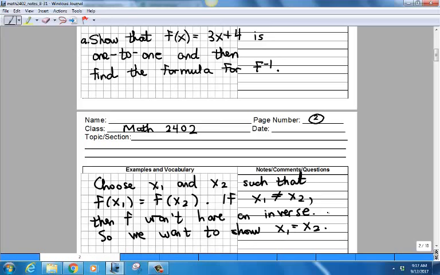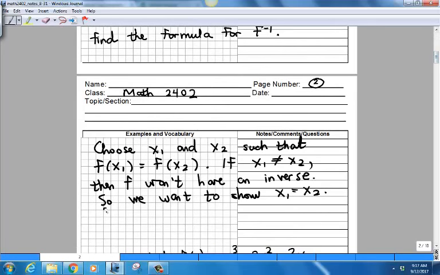Let's look at this equation then. F of x1 and f of x2. What's my formula for f of x? It's 3x plus 4. So what's f of x1 look like then? 3x1 plus 4. Not 1, but what? Plus 4, isn't it? Right? Okay.